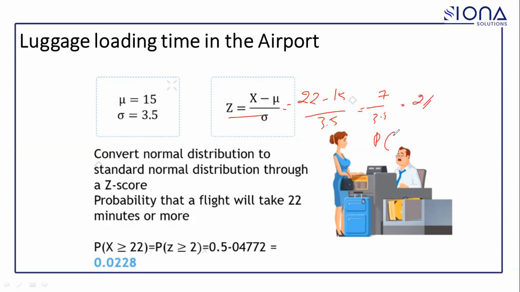Now, if you have to find P of X greater than 22, you need to find Z greater than or equal to 2.